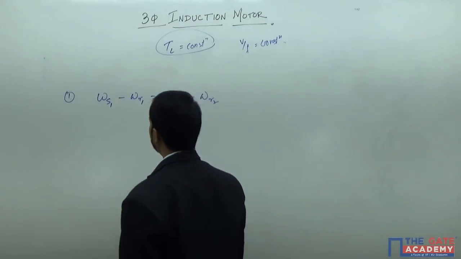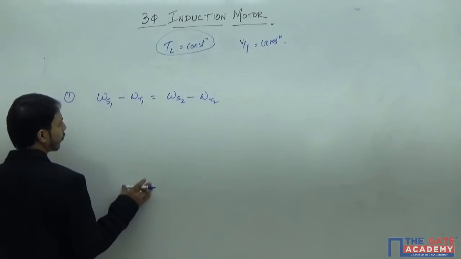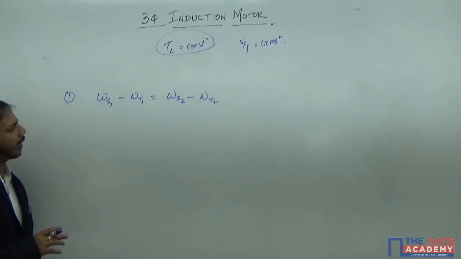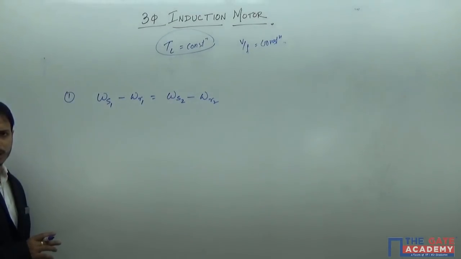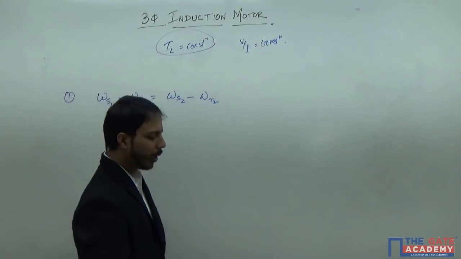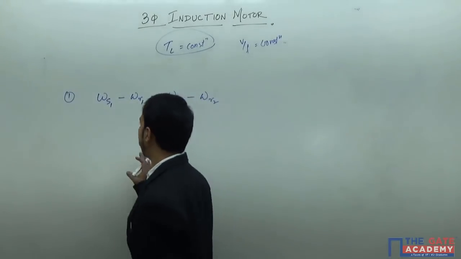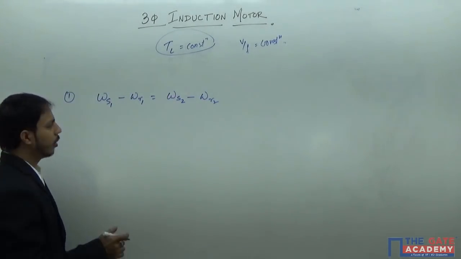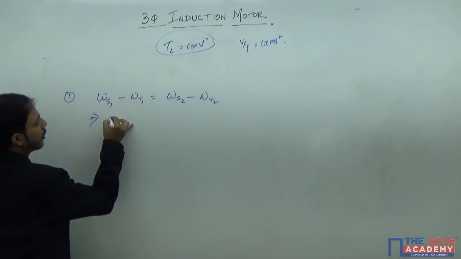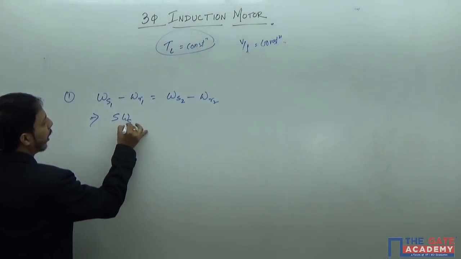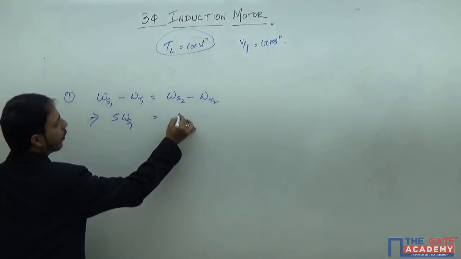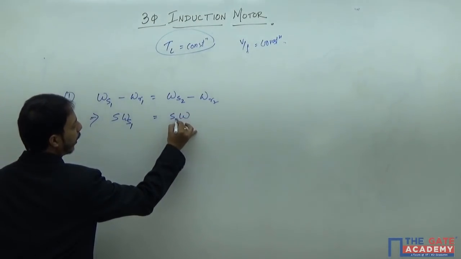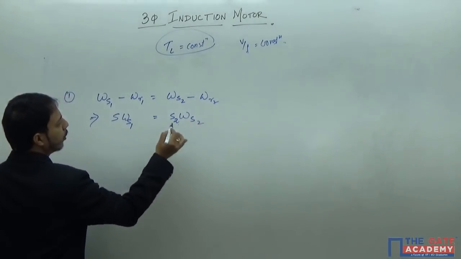First thing, we know what is omega S1? Now let us see how to derive this. We know that omega S1 minus omega R1, as I have already told you, will be S into omega S. So this should be S1 into omega S1, and this should be S2 into omega S2.